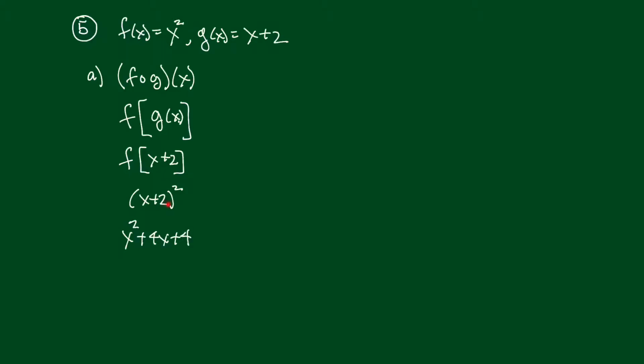When you square a binomial, you square the first term, multiply the two together, 2x, double it, 4x, and then square the last. So we are saying that this rule here, f of g of x is x squared plus 4x plus 4.